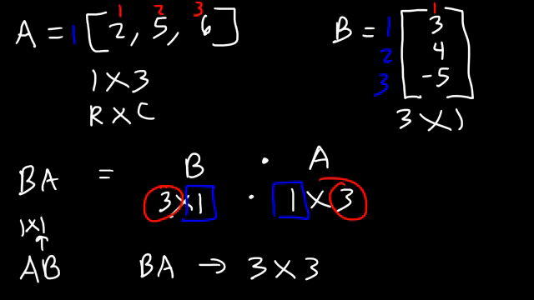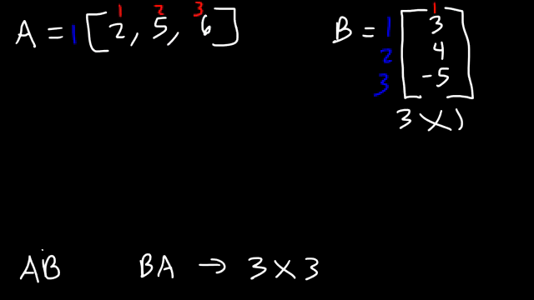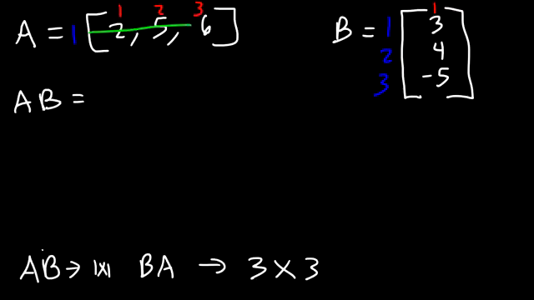Now let's confirm that. So let's get rid of some stuff. Let's start by multiplying matrix A by matrix B. The way you do it is you take all the elements in the first row and multiply them by all the elements in the first column.